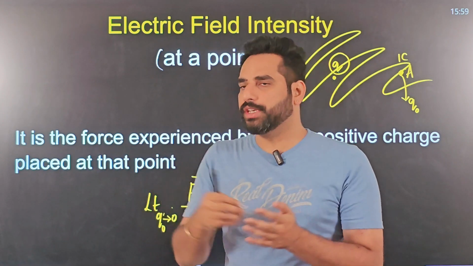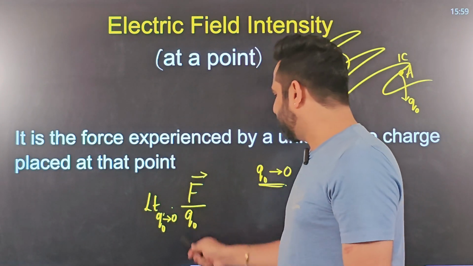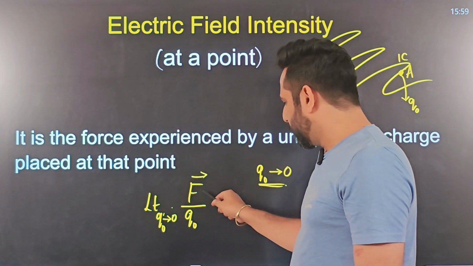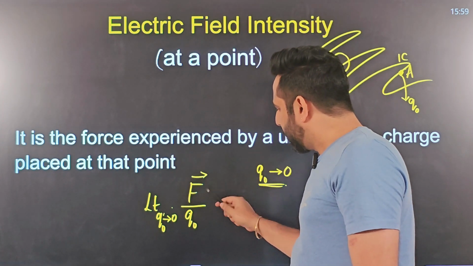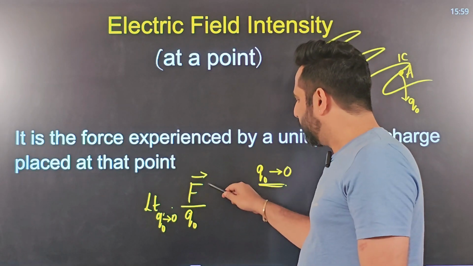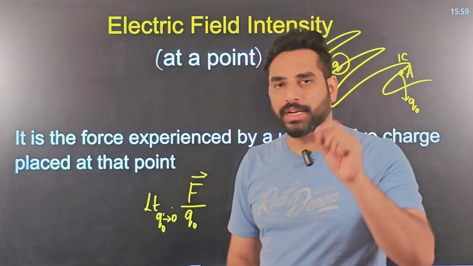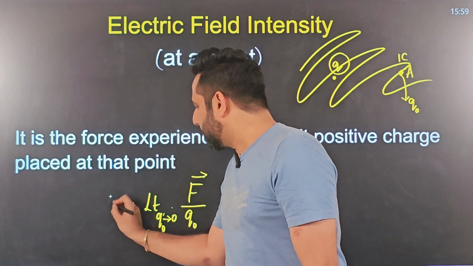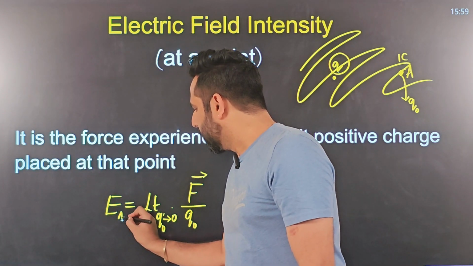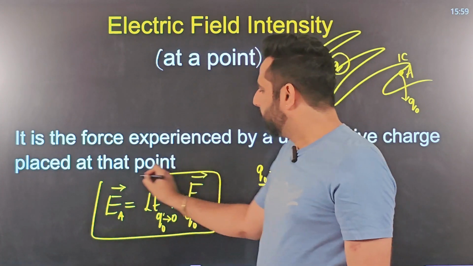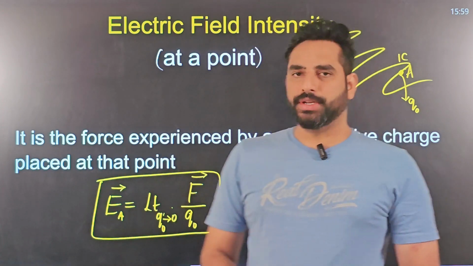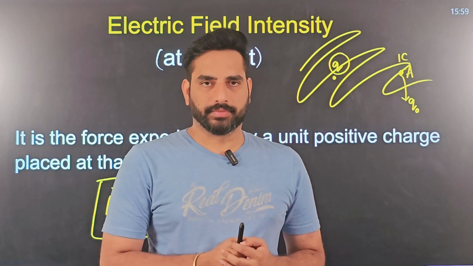It is tending to 0. So when Q naught is tending to 0, even the force is also very small. So this is in the form of 0 by 0, a very small value divided by a very small value, which is a finite value. That is the electric field intensity vector at that point A. So this is the definition of electric field at a particular point A.